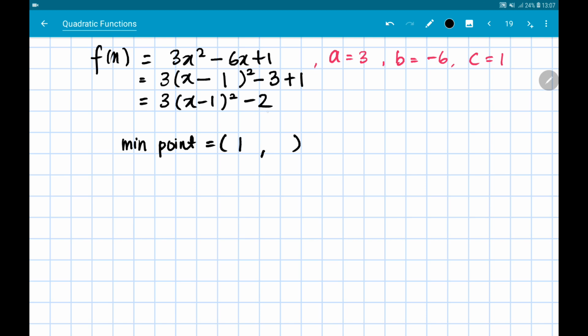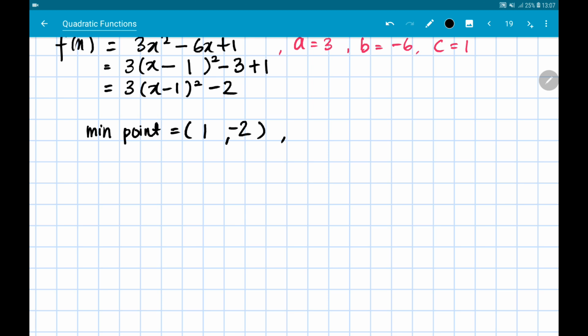At the back here, we have negative 2, which means the y number is negative 2. However, if the question asks us for value, in that case, I can say that the minimum value is equal to negative 2. Please understand and know the difference between minimum point and minimum value.